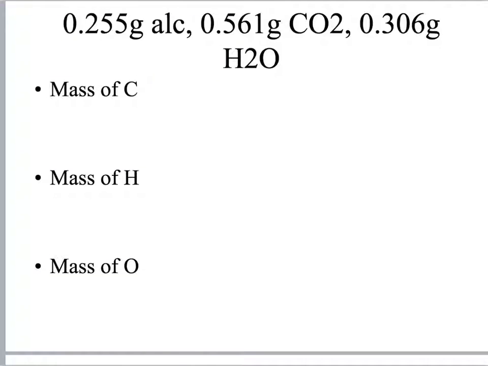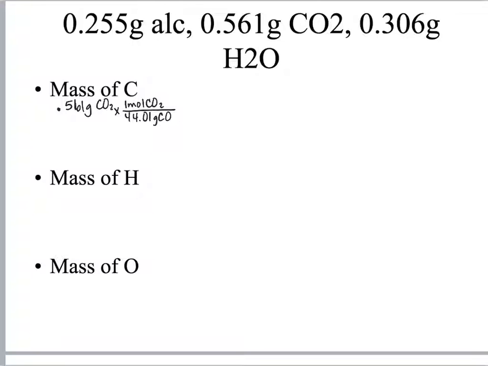There's two different ways you could go about figuring out the mass of carbon in the carbon dioxide and the mass of hydrogen in the water. I will show you both ways, and really it's up to you how you'd like to do it. So for the mass of carbon, we know there's 0.561 grams of carbon dioxide produced. Then we're going to convert that into moles because we always want to get to moles somehow. So 1 mole of CO2 has a mass of 44.01 grams.